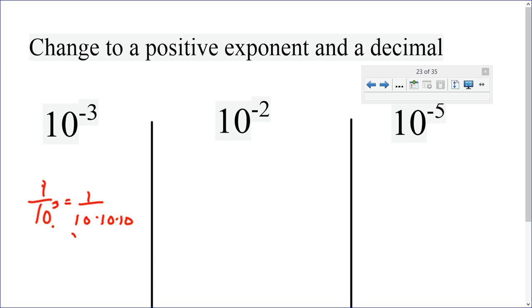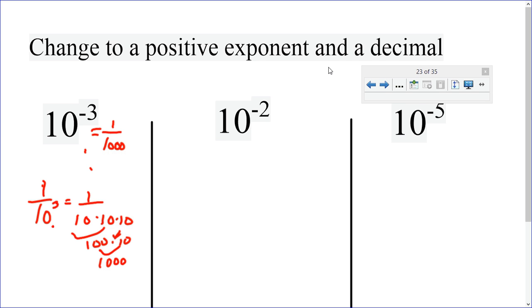And 10 times 10 is 100. 100 times 10 is 1,000. So this would equal 1 over 1,000. So that would be with a positive exponent, 10 to the 3rd. And we wanted to change that to a decimal.